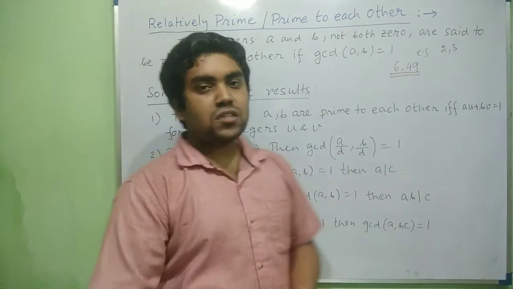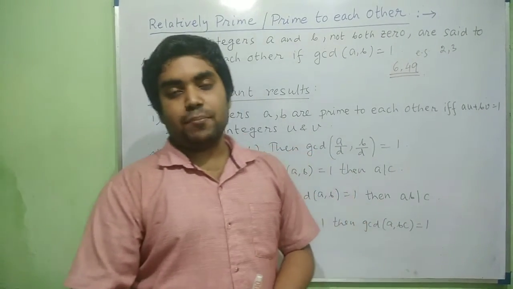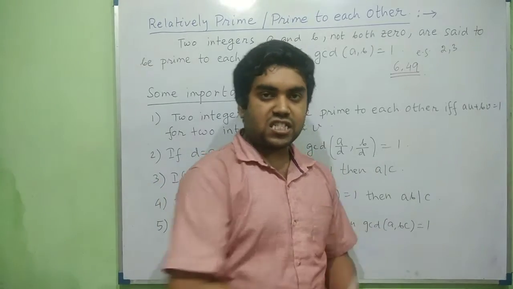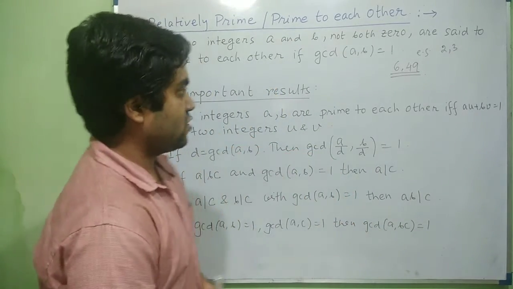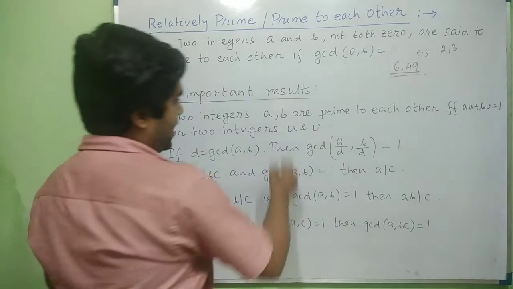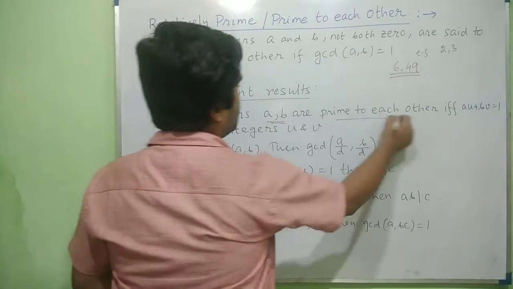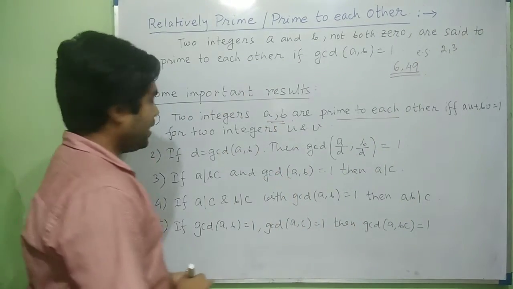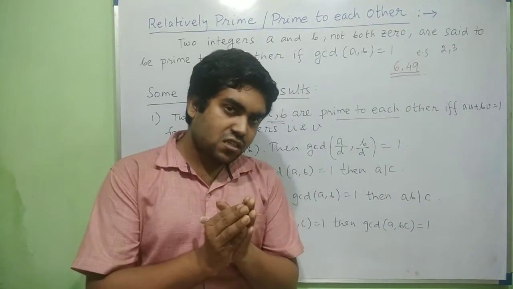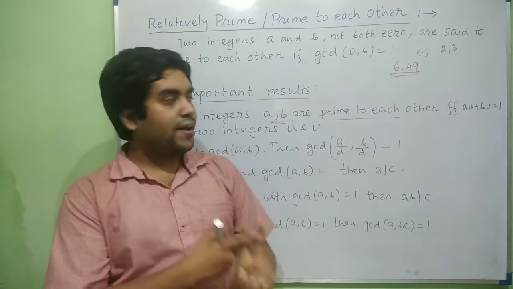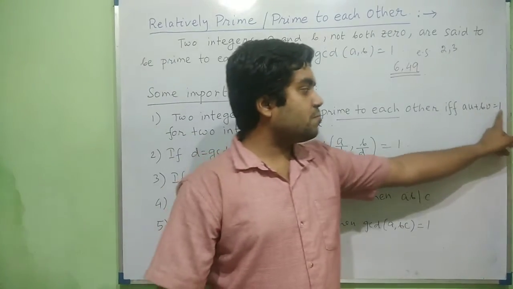Now, we will go through some important statements or results on the concept of prime to each other numbers. Suppose two integers a and b are given which are prime to each other. Then there must be two integers u and v such that au plus bv equals 1.